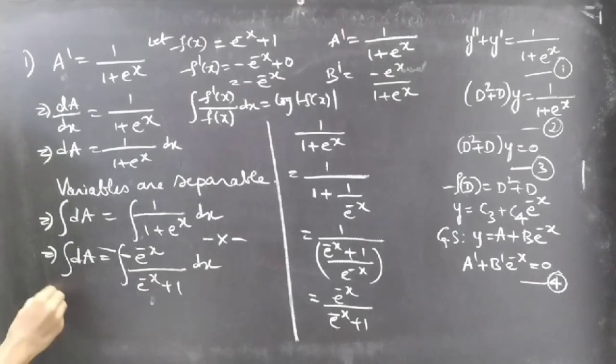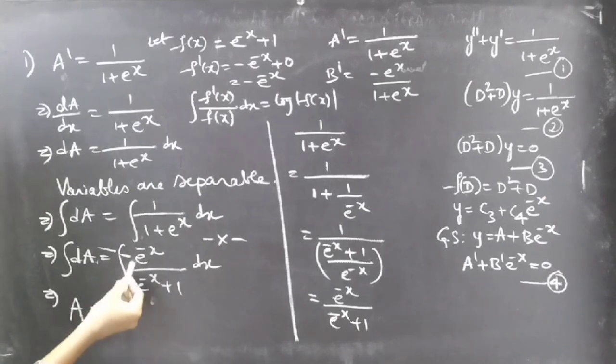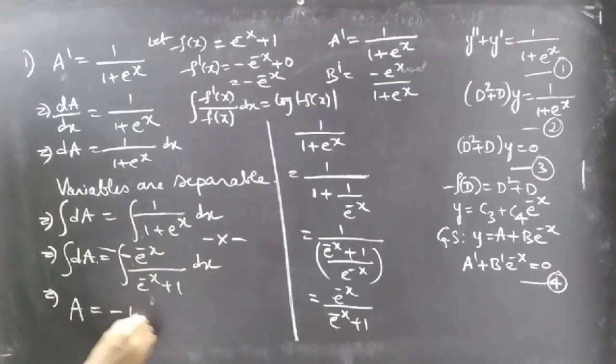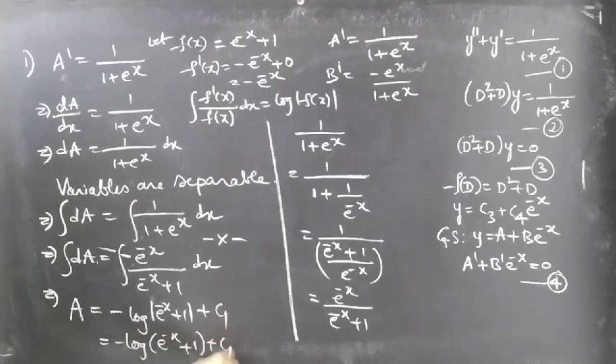Then this gives us integral dA, a, equal to minus integral f dash of x by f of x, which is log mod f of x plus some integral constant, say c1. This equals minus log of e power minus x plus 1 plus c1, which is the required a.